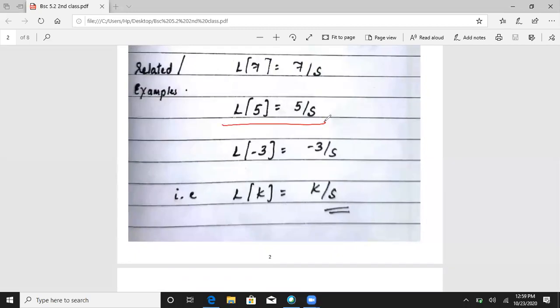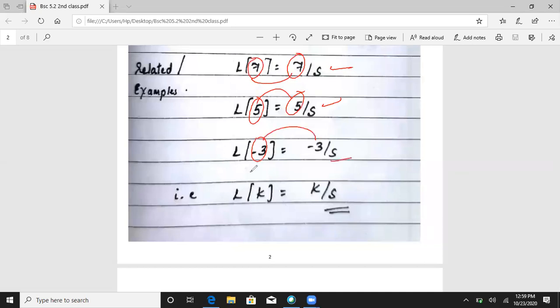The next one is the Laplace transformation of the constant value 5, which is always equal to 5 by s, and similarly the Laplace transformation of minus 3 is equal to minus 3 by s. Overall, the Laplace transformation of a constant value, whatever it is, is equal to the constant value divided by s.